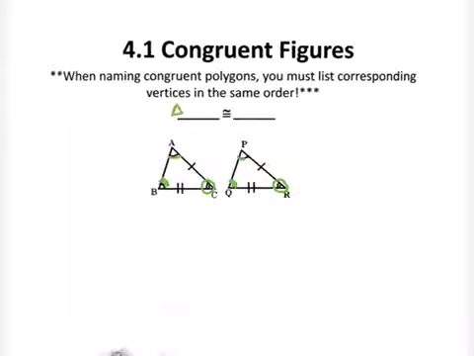So we'll say that triangle CAB is congruent to triangle RPQ. Notice how the letters line up in terms of their congruent counterpart. C and R are in the beginning, A and P are in the middle, B and Q are at the end.